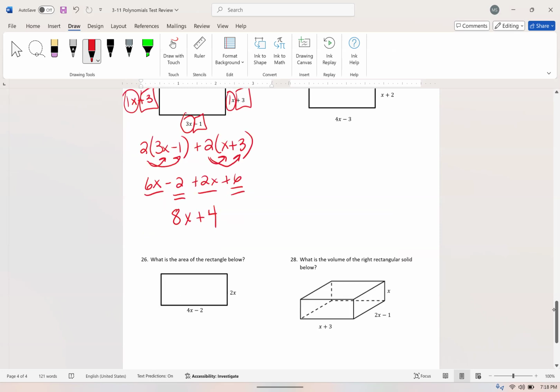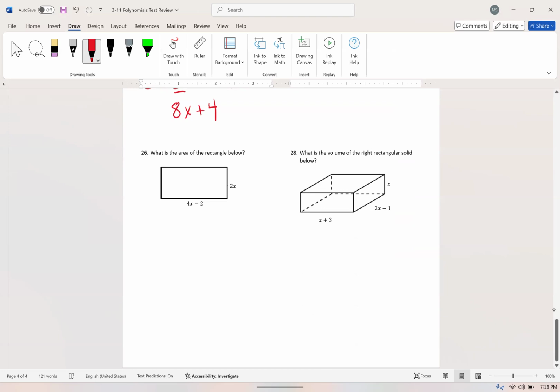All right, let's take a look at now number 26. This one is another rectangle, but this time it's area. So we're not doing perimeter. Perimeter says add up all of the sides. This is not adding up all the sides. This is area. Area is length times width. So our length is 4x minus 2.